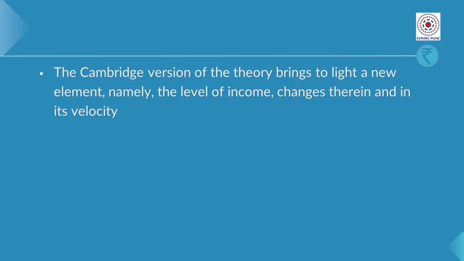The Cambridge version of the theory brings to light a new element, namely the level of income, changes therein and in its velocity. Instead of being concerned with the total transactions, it is concerned with the level of income, which in turn determines the level of economic development, employment and price level.